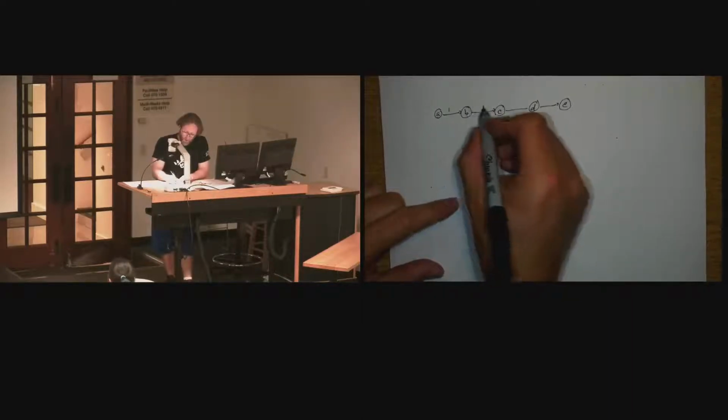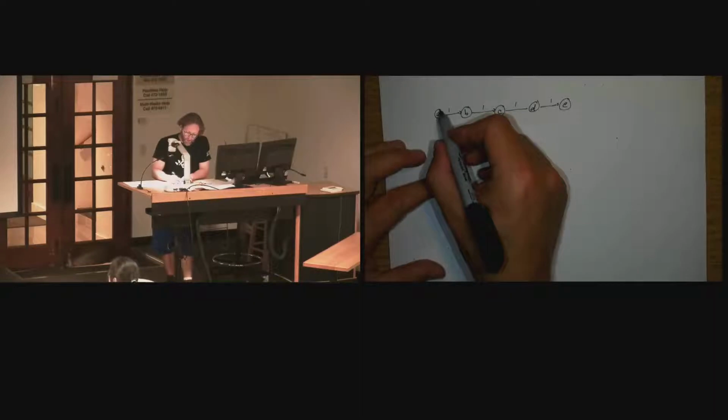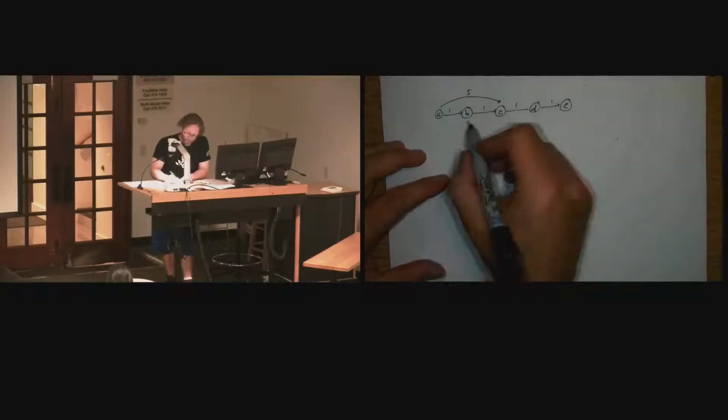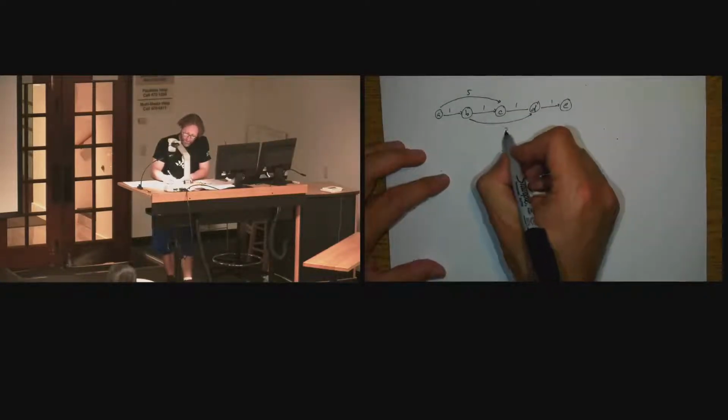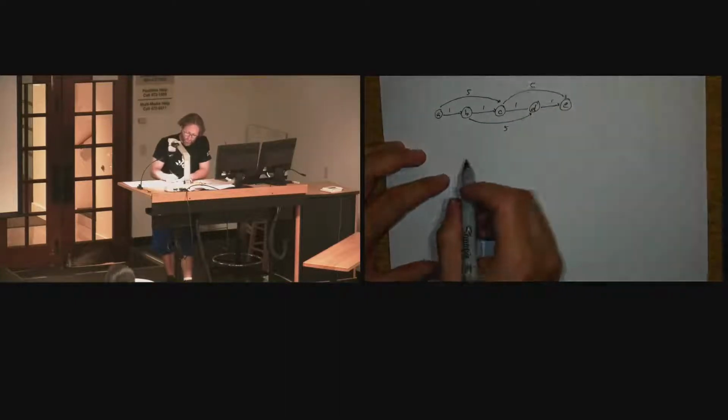Suppose that all of these are of weight 1. Then suppose that you can go from A to C at a weight of 5. You can go from B to D at a weight of 5. And you can go from C to E at a weight of 5.